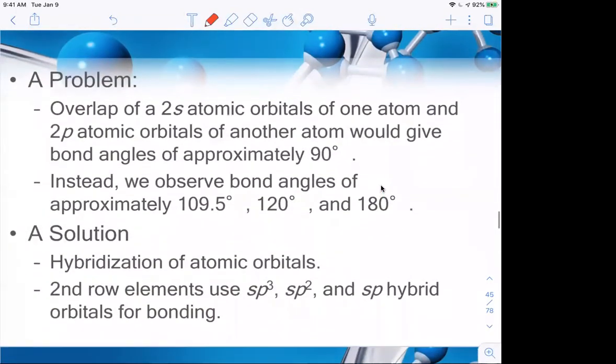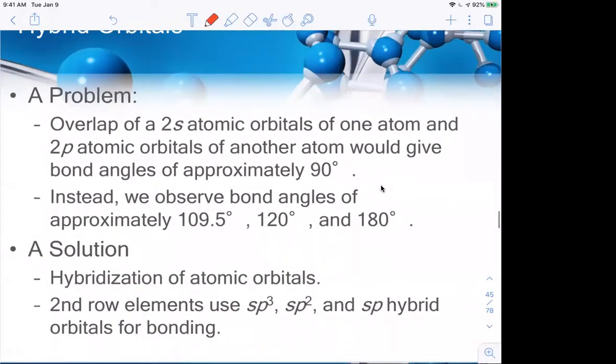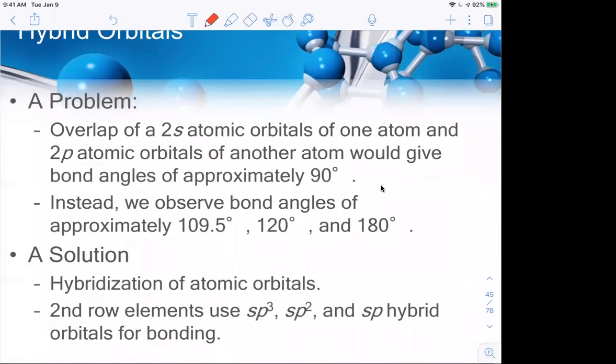So here's the problem though. When I overlap a 2s atomic orbital of one atom and a 2p atomic orbital of another atom, that's going to give me bond angles of about 90 degrees. Because remember, my s is spherical, and then I have the dumbbell shape, which are at 90 degrees.